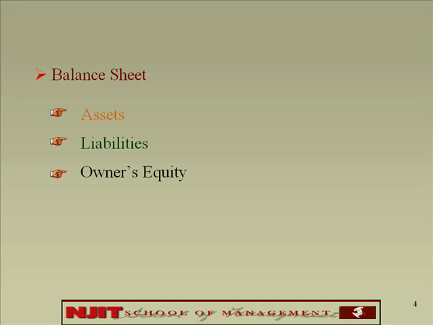So those are the 3 components which go into the balance sheet. And the famous accounting formula, which you are now really comfortable with, I'm sure, is net worth of a company is assets less liabilities.